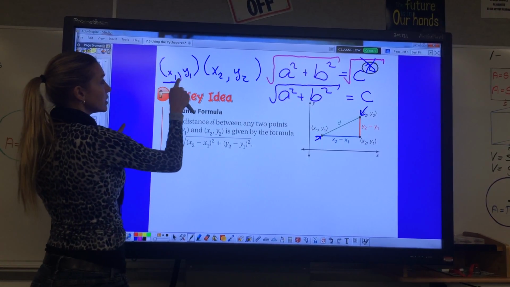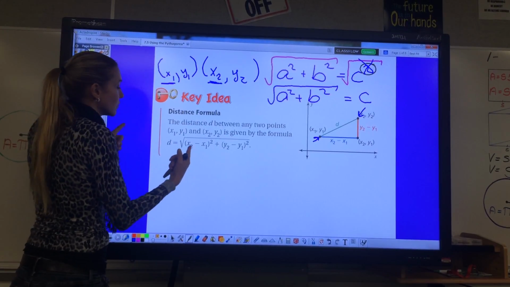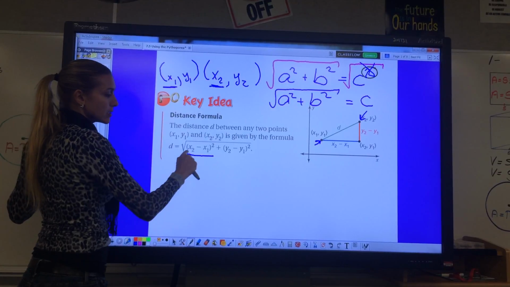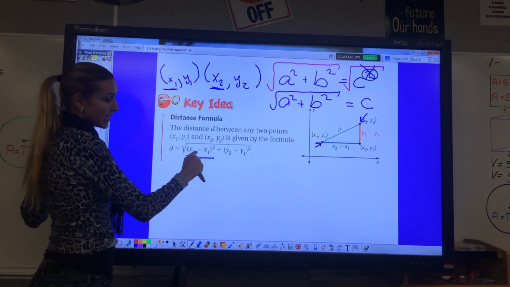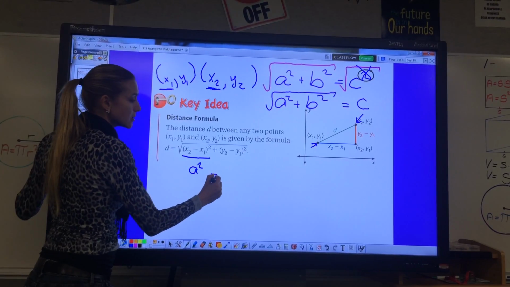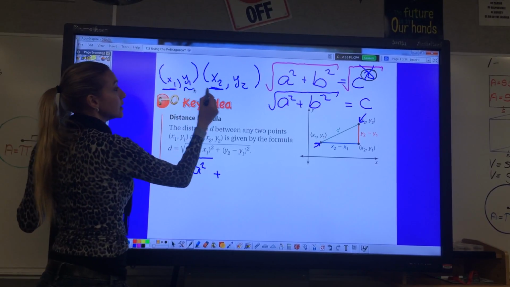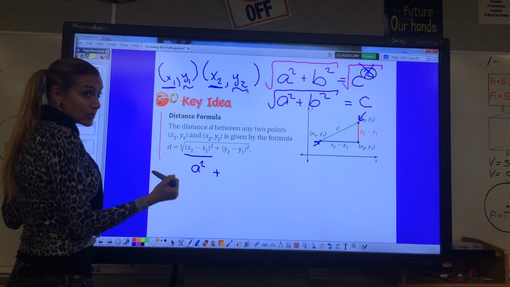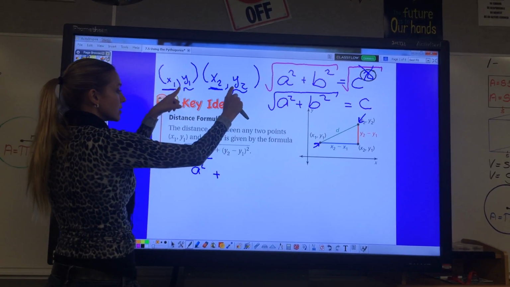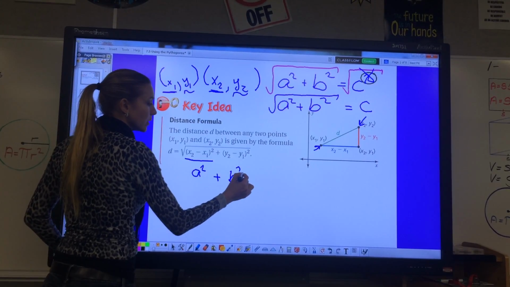Distance goes with difference. So the difference between the x coordinates, and always take the second minus the first, that's my a squared for instance. Plus the difference between the y coordinates, and when I say difference, I'm looking at how they're changing. So we take the second minus the first, and remember, you're talking about b squared.